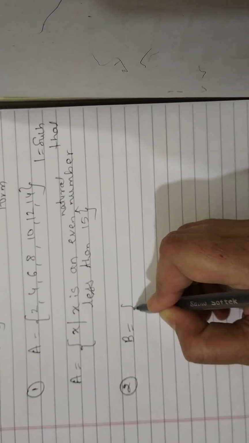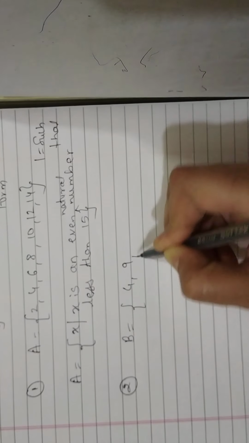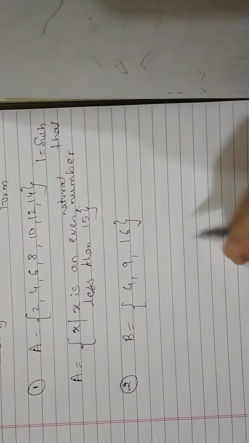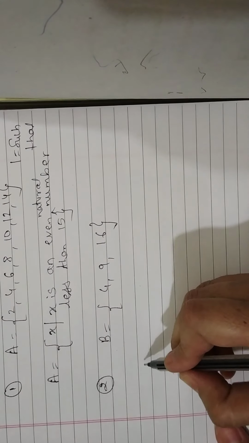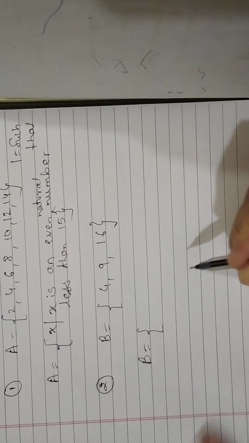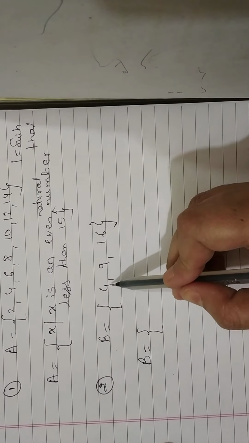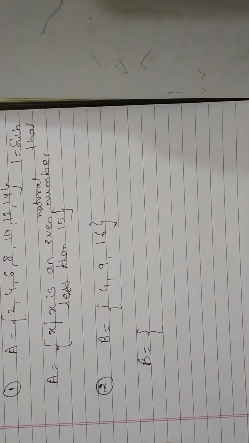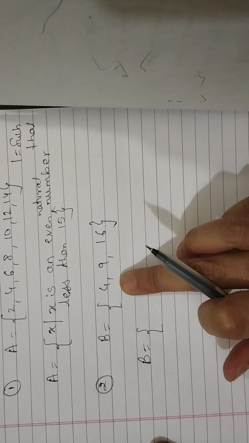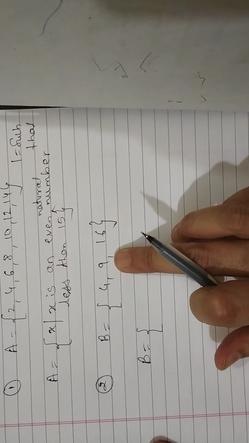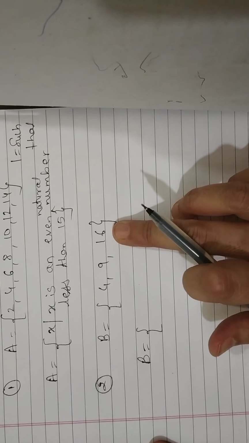B is 4, 9, 16. What we can say about this? It is not easy to judge easily. This is 4, this is 9, this is 16. This is 2 square, this is 3 square, and this is 4 square.